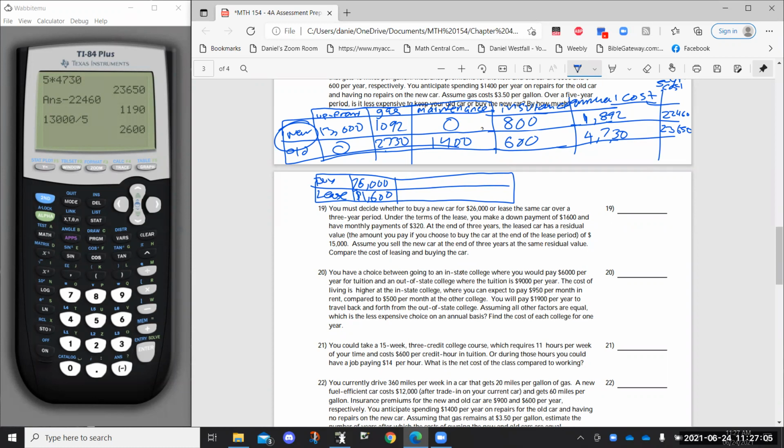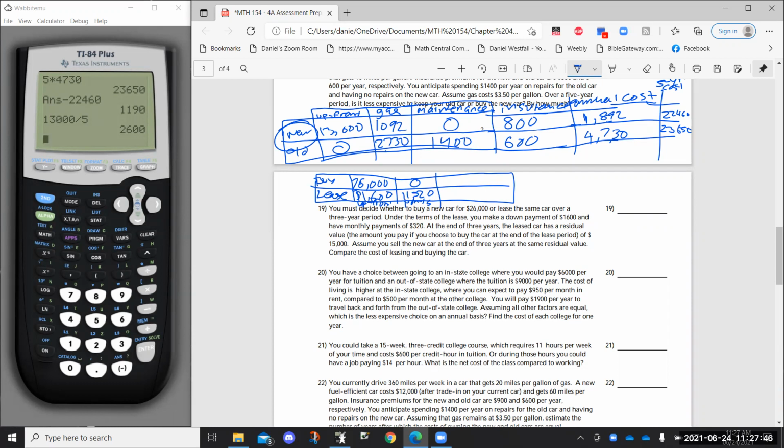My monthly payments, these are my payments, my PMTs. I don't have any monthly payments if I buy, but if I lease I'm going to have to pay $11,520. I multiplied it all out here for the 3-year period, and that's what all my monthly payments are worth.